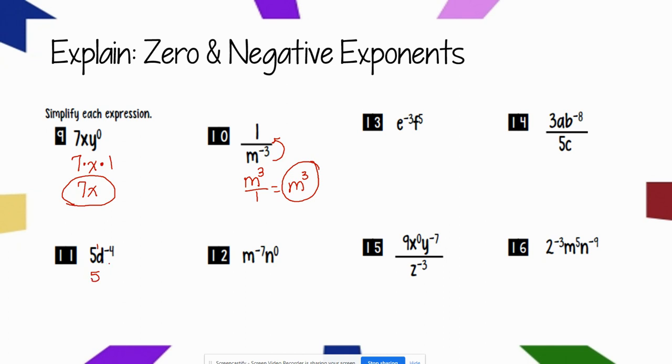However, d does need to be moved to the denominator so that we can get rid of its negative exponent of negative 4. So we're going to move d to the negative fourth power down to the denominator, and as soon as we do that, that exponent turns to a positive number. So this becomes 5 over d to the fourth power.